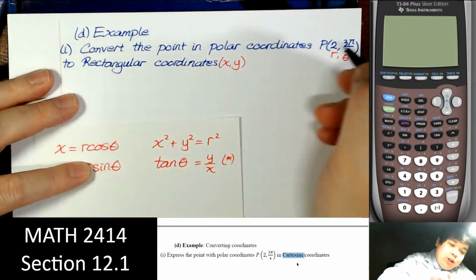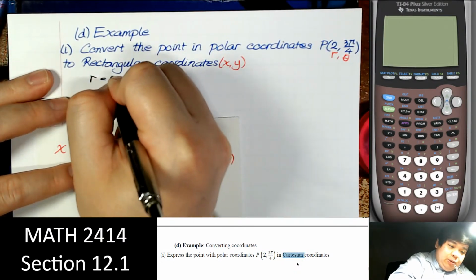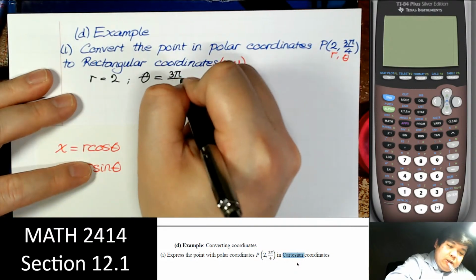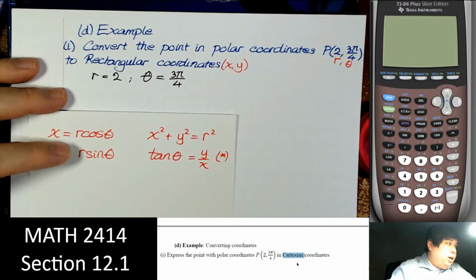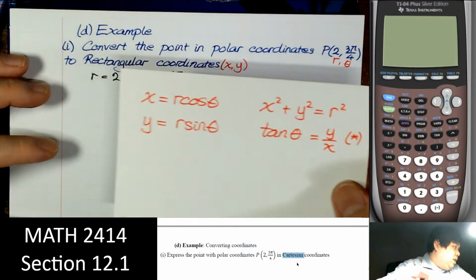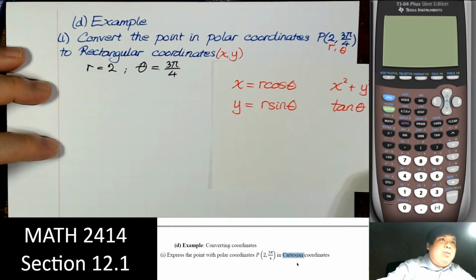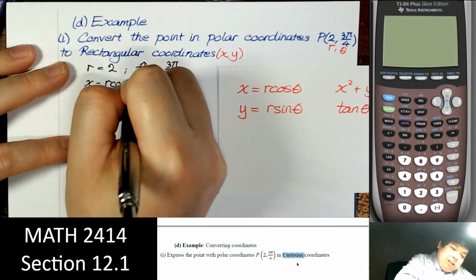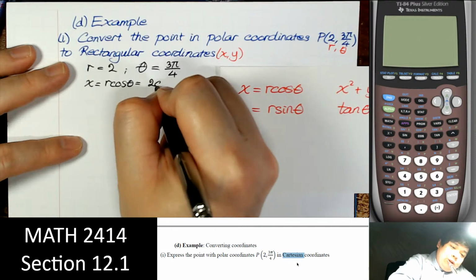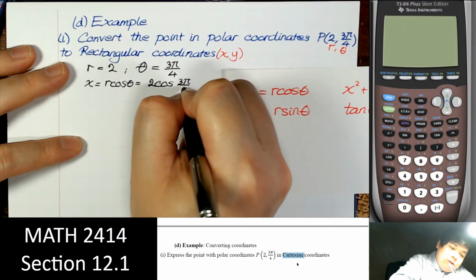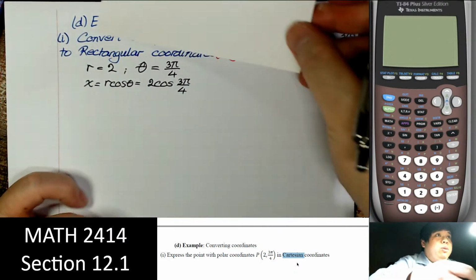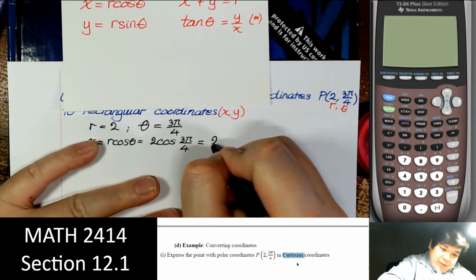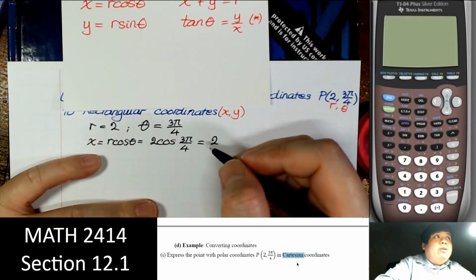So r is equal to 2 and theta is 3 pi over 4. We try to change to x and y using the formulas here. That's rather simple, right? x equal to r cosine theta equal to 2 cosine of 3 pi over 4. Cosine of 3 pi over 4 is negative cosine pi over 4.